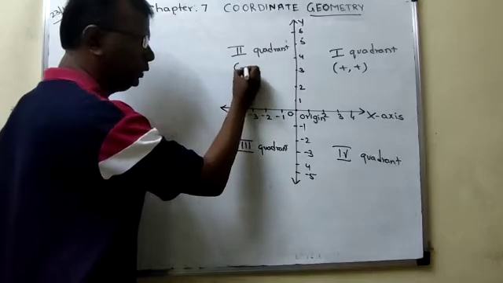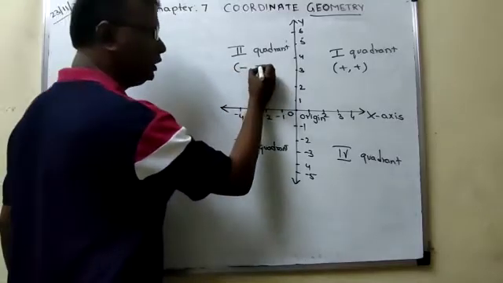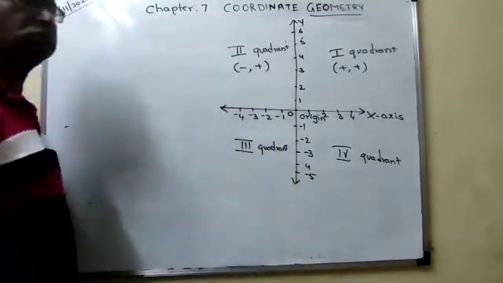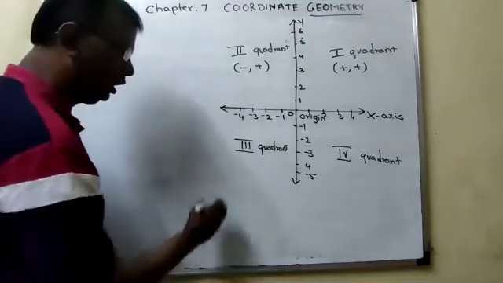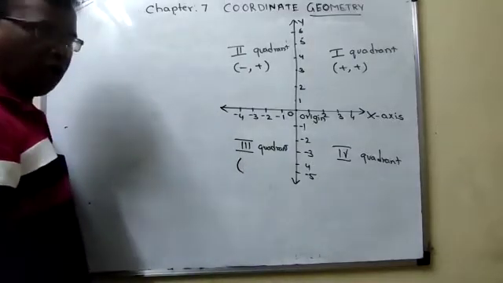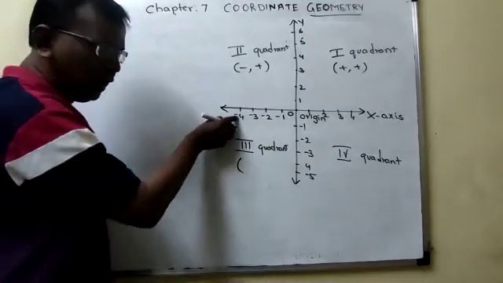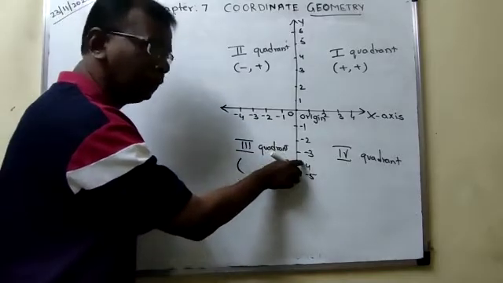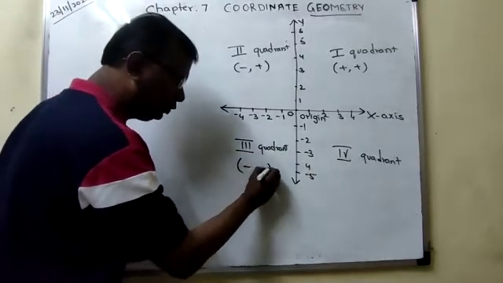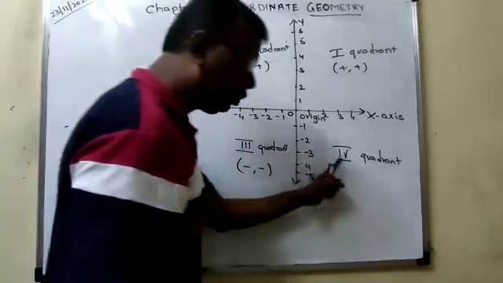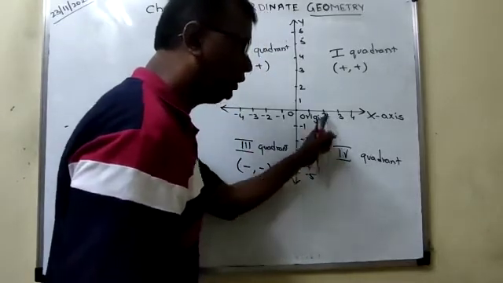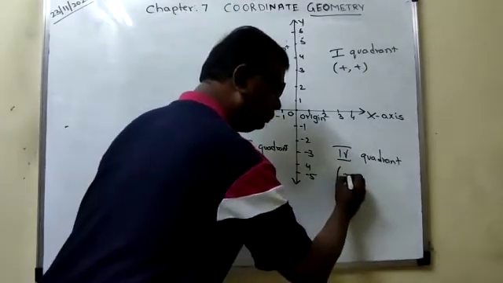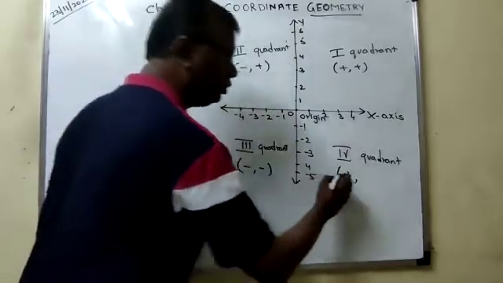Negative numbers, and y coordinate has positive numbers. In the third quadrant, x has negative numbers, y has negative numbers, negative and negative. In the fourth quadrant, the x coordinate will be what? Positive, and y coordinate will be what?